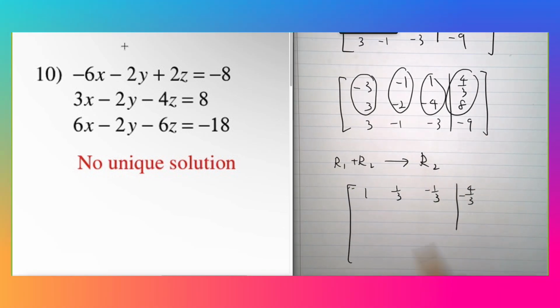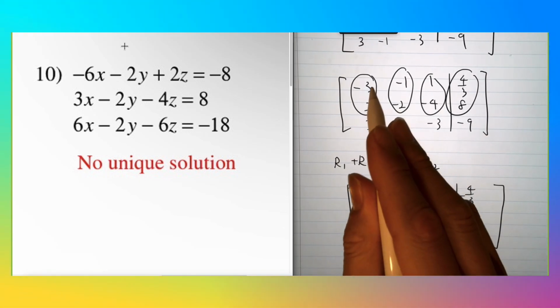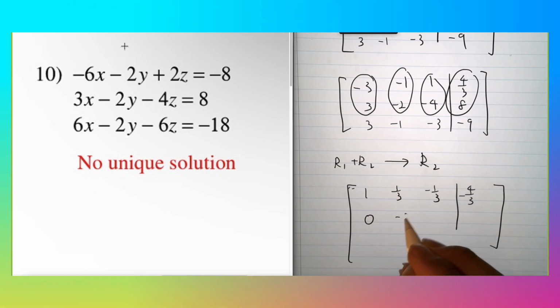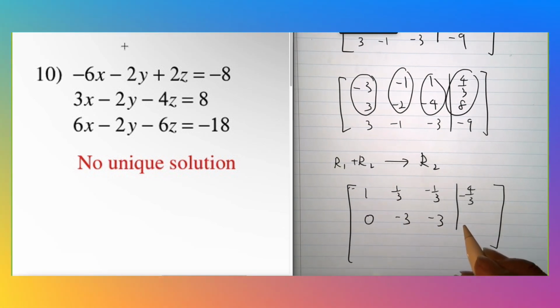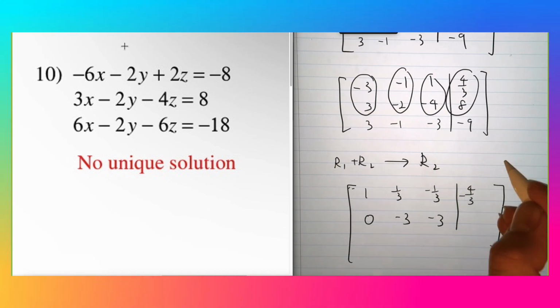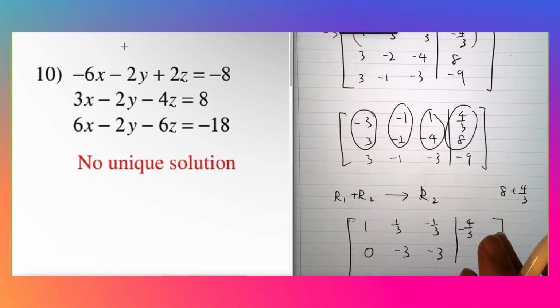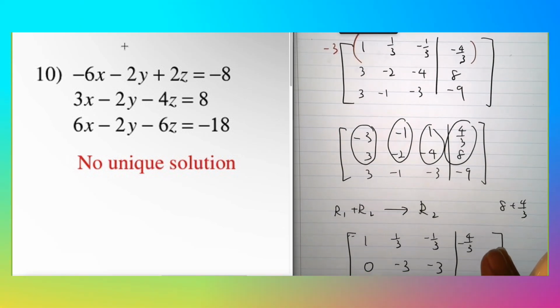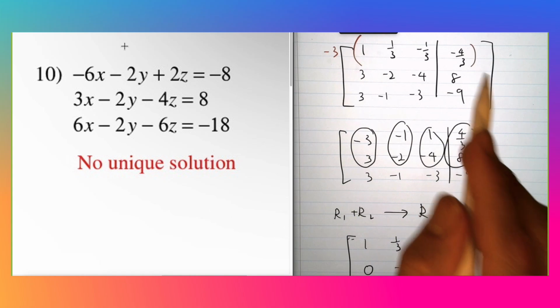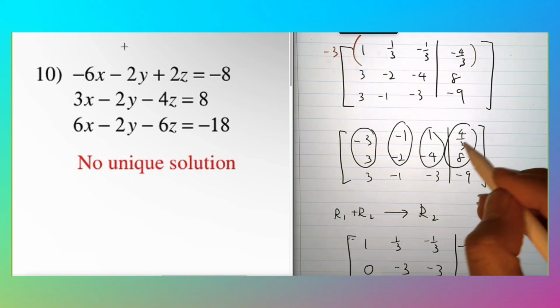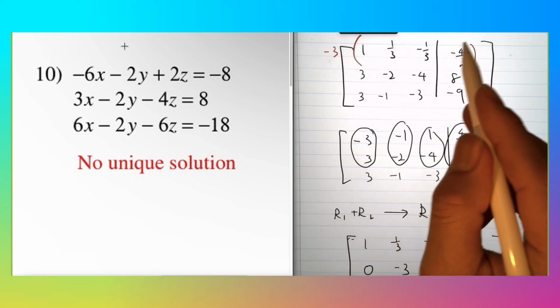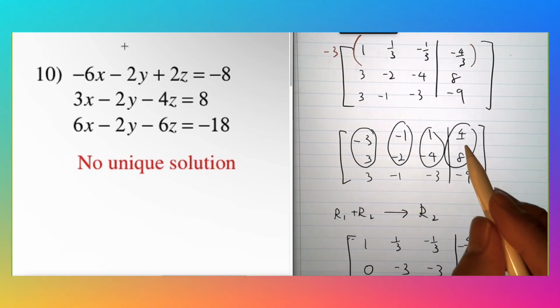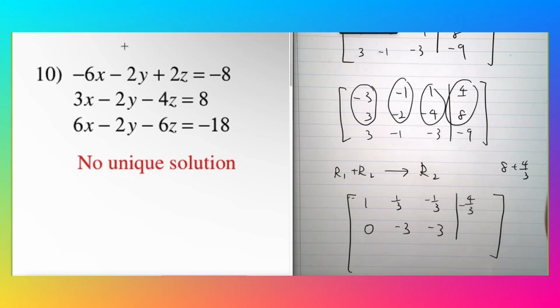In the middle row, we have 0, negative 3, negative 3, and 8 plus 4 over 3. Oh, actually, no, I forgot to multiply. I just realized that negative 3 times negative 4 over 3 will give you positive 4, so it will give you 12, actually.